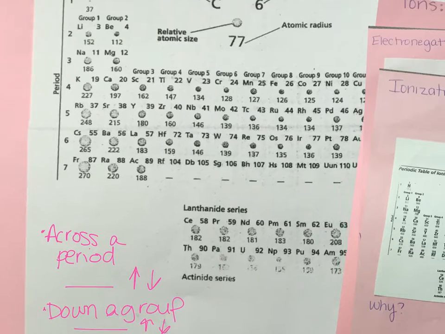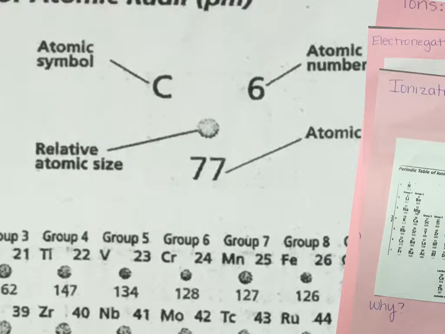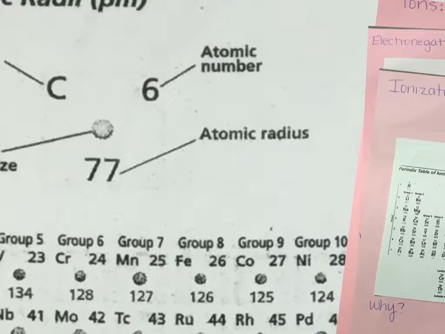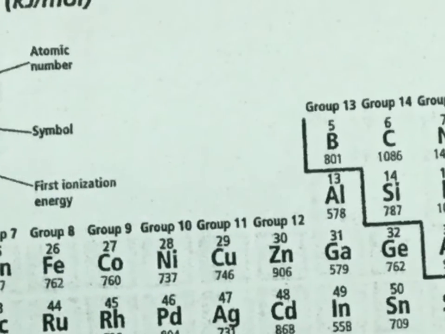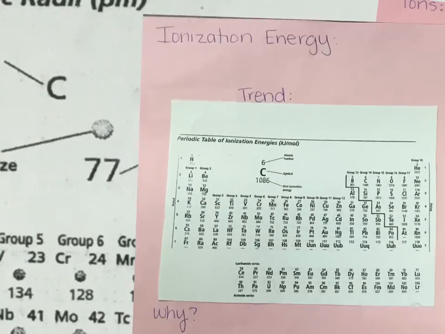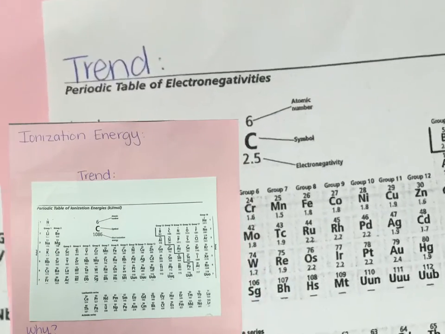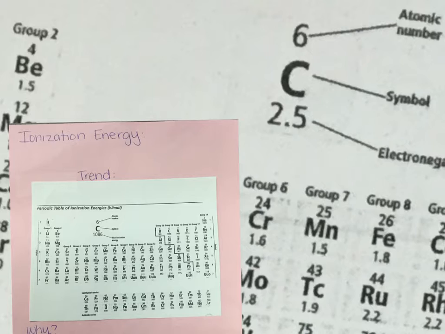Now, one more key. Each of them also has one of these, which I know looks like every periodic table that you've looked at, but they're different. This one is showing you that the bottom number is your atomic radius. On this one, the bottom number is your ionization energy. On the next one, it's your electronegativity, okay?